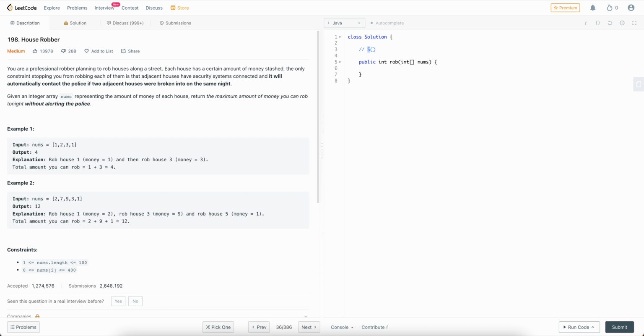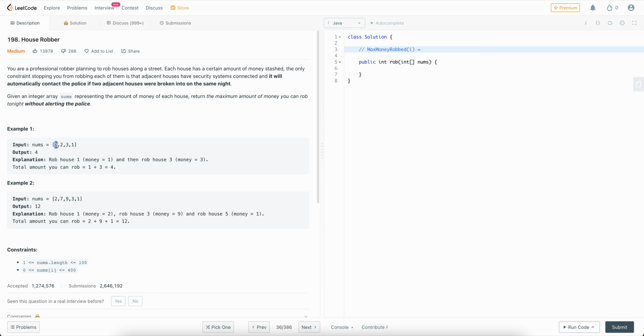So let's say our max money robbed, if we start at the node I. So if I start robbing at this house, what's the max money I can rob, right? So I have two choices. Either I rob this house, or I don't rob this house and I go to the next one, right?